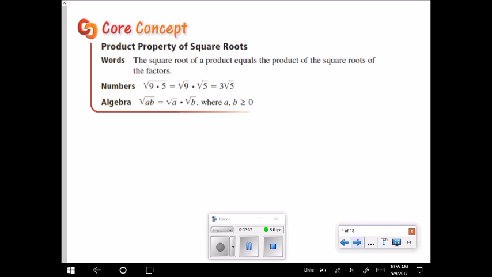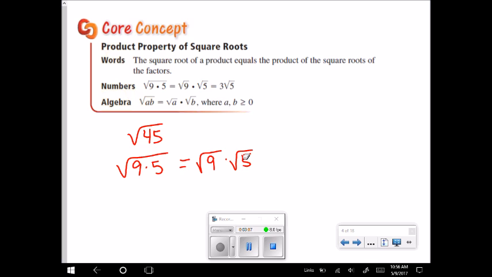All right, so the product property of square roots says that the square root of a product equals the product of the square roots of the factors. Again, wording is always a little more confusing than actually looking at this. If we say the square root of 9 times 5, or even the square root of 45, which is the same as the square root of 9 times 5, we can separate that out to give us the square root of 9 times the square root of 5.